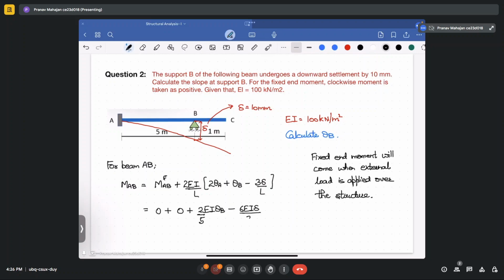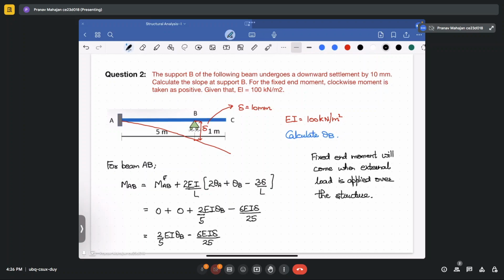So L square is 5 square, 25. So your final equation will become 2 upon 5 EI theta B minus 6 EI delta upon 25.